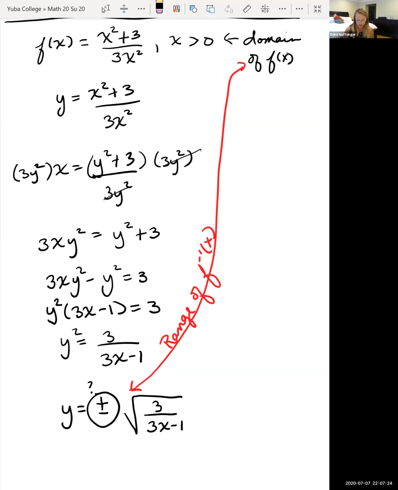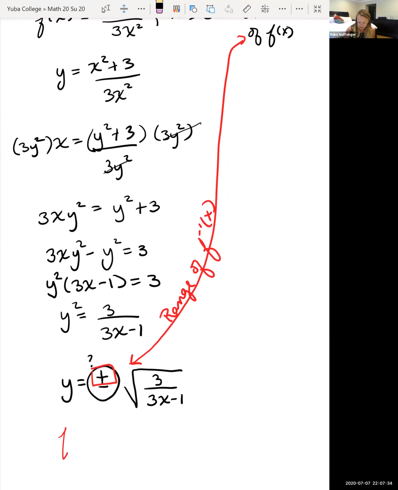And so if we're going to get back positive numbers for our range, that means that we couldn't have that negative in front of the square root. And so f inverse of x is equal to the positive of the square root of 3 all over 3x minus 1.